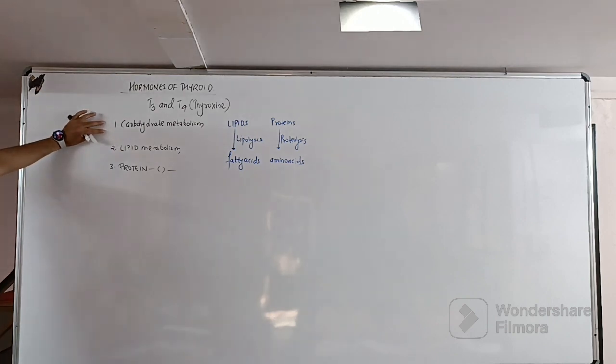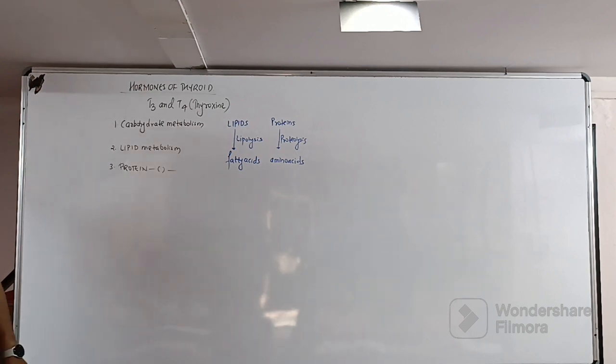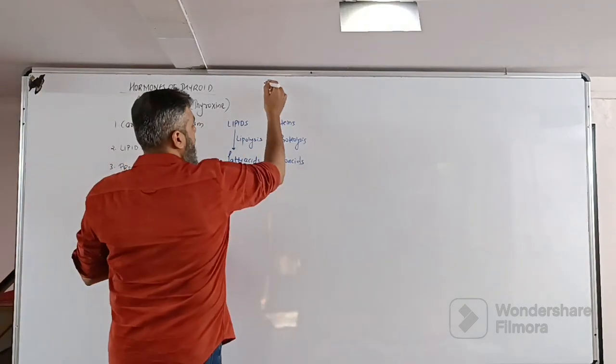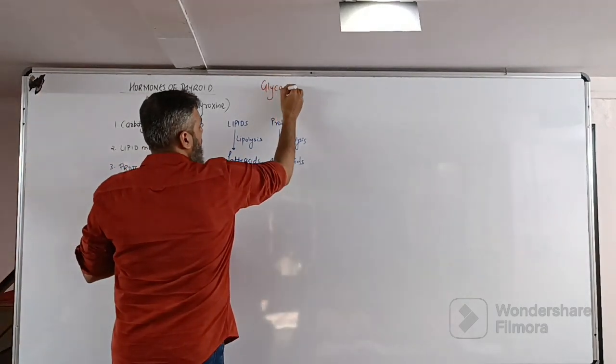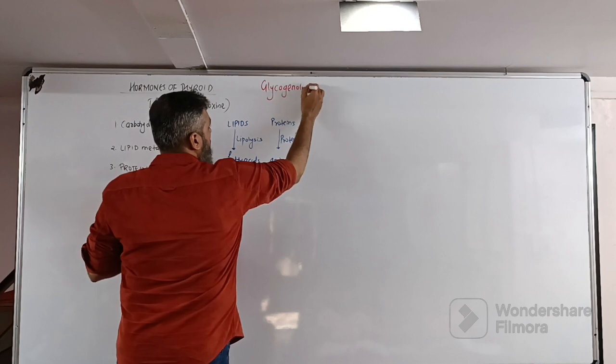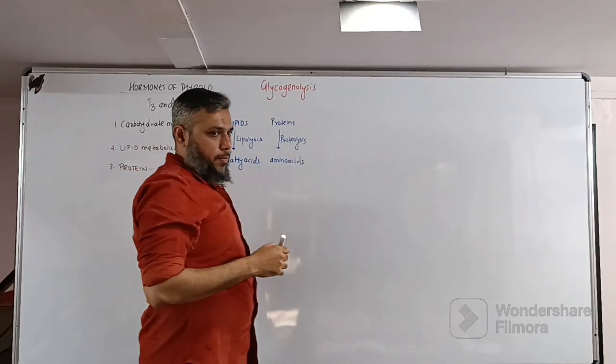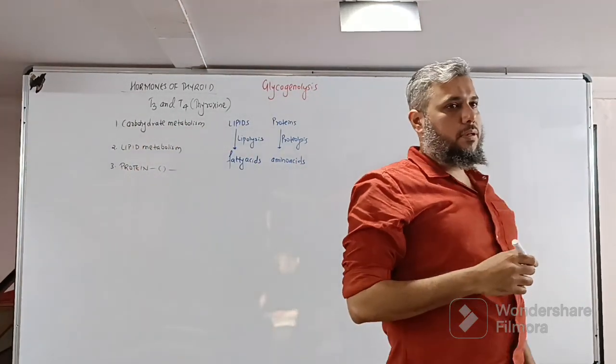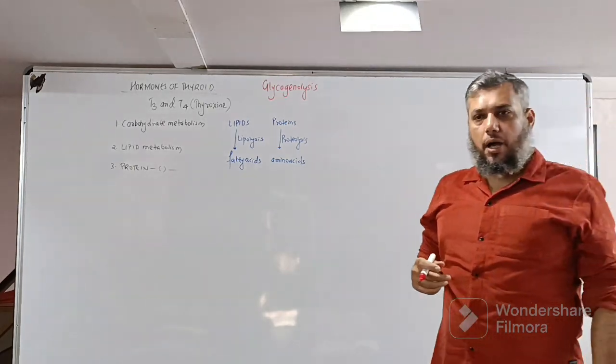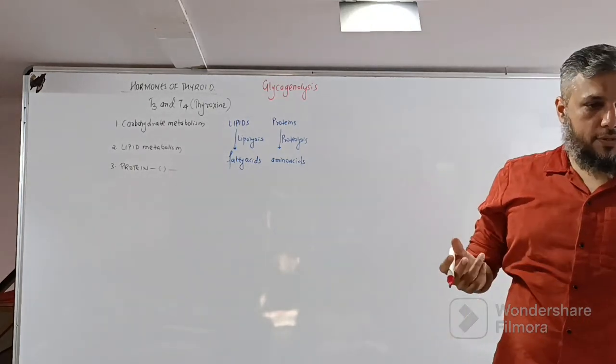How does it influence the carbohydrate metabolism? It can bring about glycogenolysis. Have you heard this word before? As you all know, lysis means breakdown. So here I have written the word glycogenolysis.